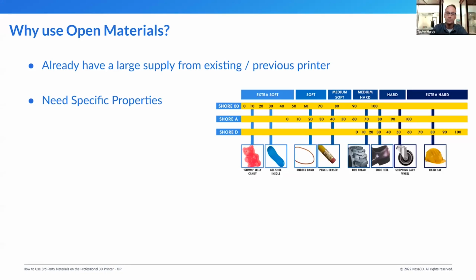you may need some specific properties. One of the benefits of being able to run open source is, currently there's a limited amount of flexible validated resins. So you can actually find other sources of those flexible resins, either directly from Henkel or directly from BASF. And you kind of know with certainty what is going to give you a good print quality.